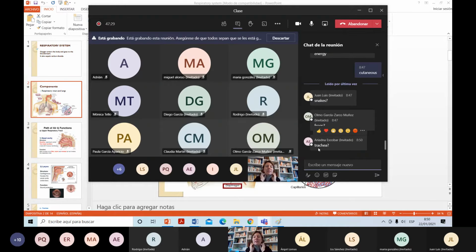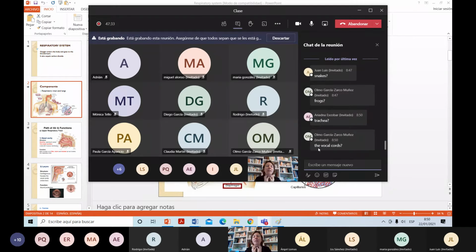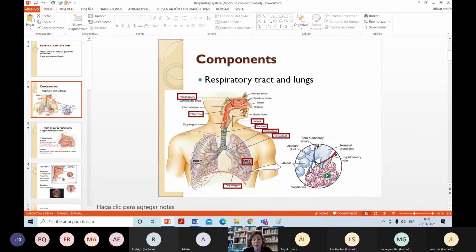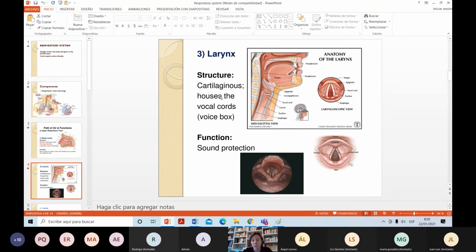One thing is the pharynx, that is all this cavity. Then the big cavity enters a tiny structure in which we find the vocal cords, but the name of the structure is the larynx.